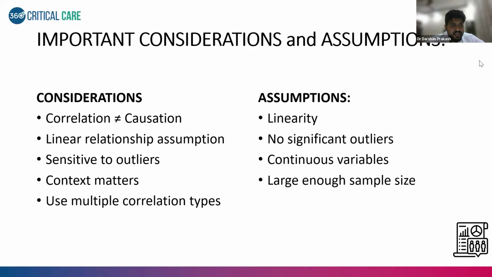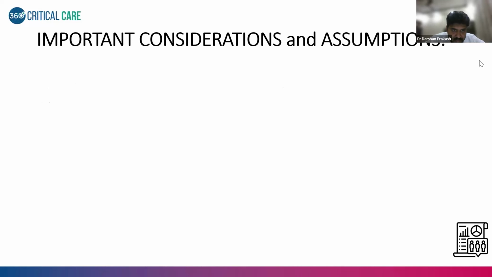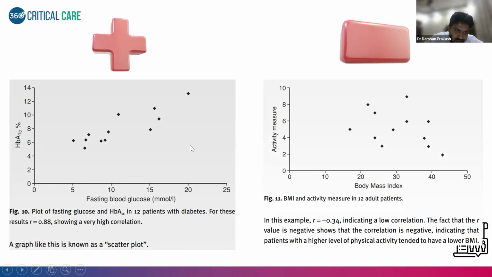Okay. Limitations: only linear relationships can be measured, and it is usually influenced by extreme values, like in the previous example when we saw these two, right? So based on this, you can actually give an idea that okay, it is positive. Probably if you just assume you are calculating for fasting blood glucose only up to 10. Okay.